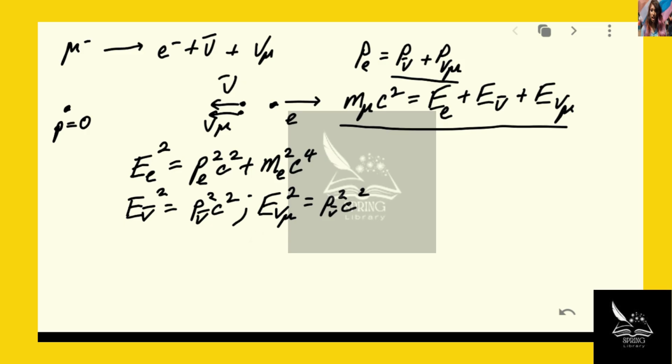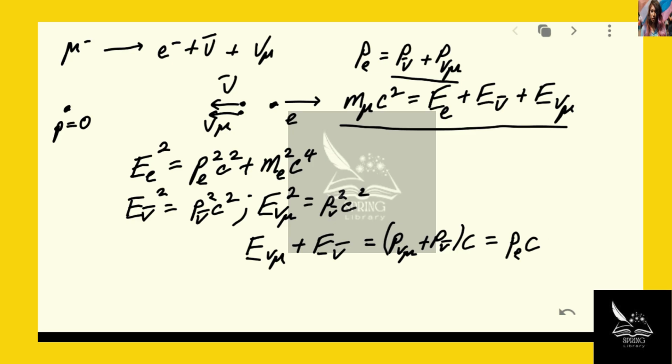This means that the total energy of our muon neutrino plus the energy of our anti-neutrino is equivalent to just the momentum of the electron multiplied by c.